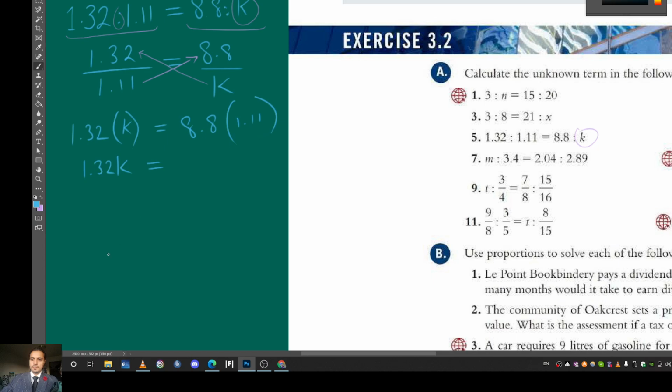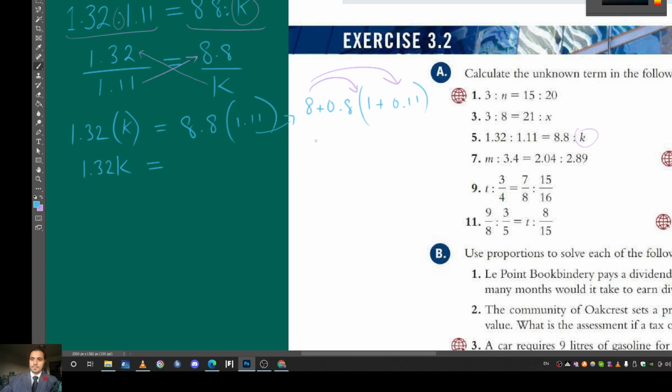Okay, so we can use a calculator for this. We can also do it manually. We can write 8.8 as 8 plus 0.8. We can write 1.11 as 1 plus 0.11, and then we can multiply this with this and this with this.